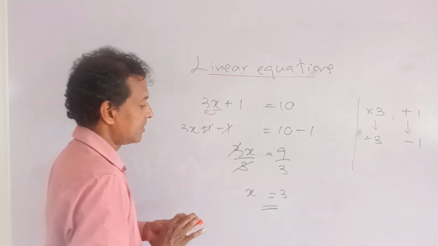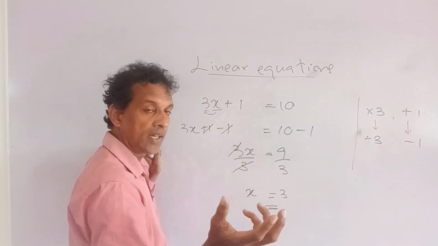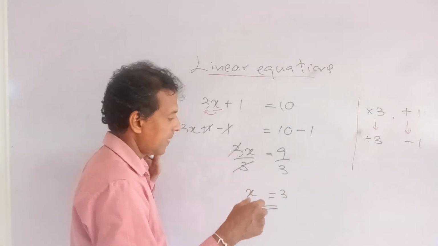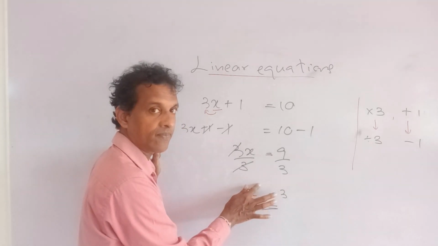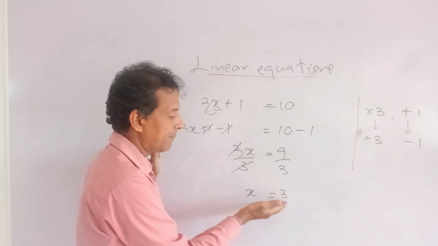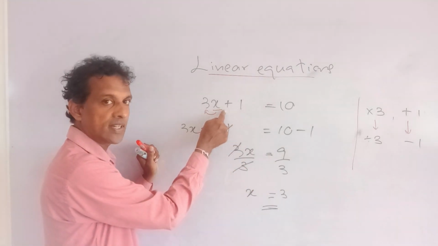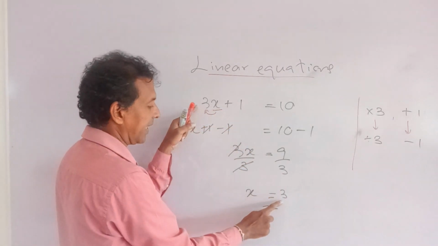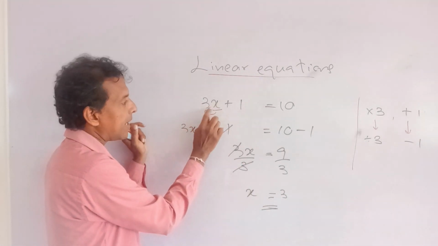Now another thing I have to remind you of here. Normally the students don't do this. You can check yourself whether the answer you got is correct. How? By simply substituting this back into the original equation. Now see, we have obtained x equals 3. That means when x is 3 here, there is an implied multiplication.